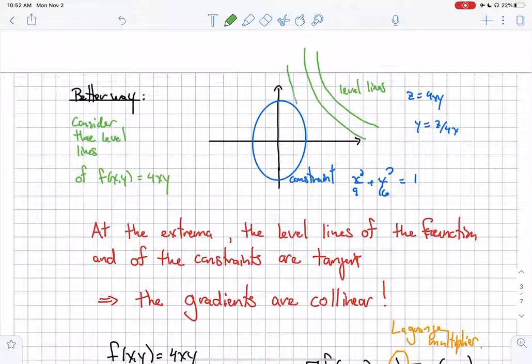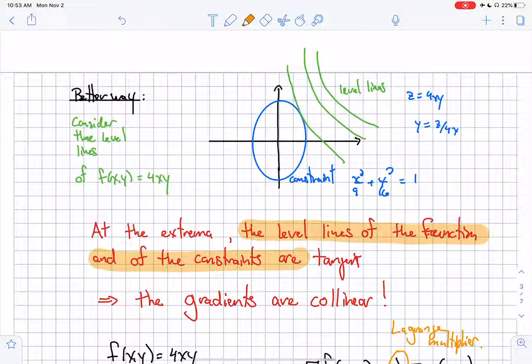And so here's the thing. If I look at the high level again and go down, the maxima will be at the level line that just touches the constraint. And that's the main idea. At the extrema, the level lines of both the function and of the constraint are tangent. That's the key observation.